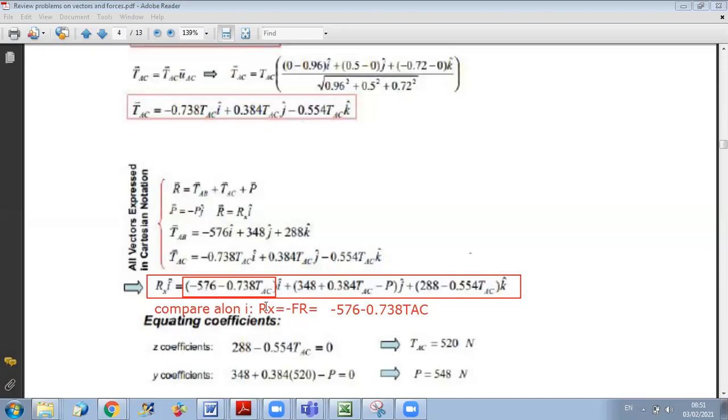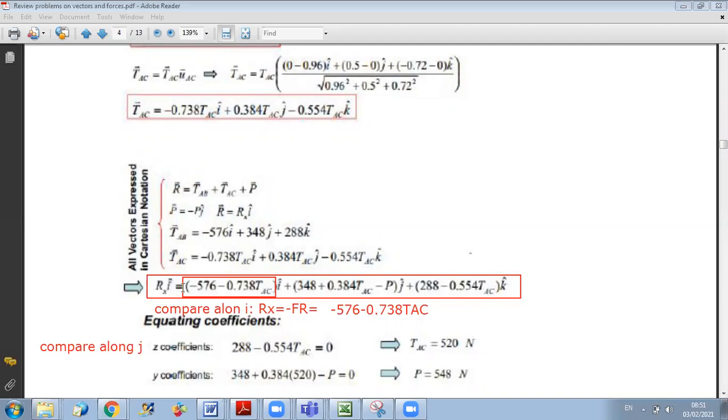Now, to be able to get Rx, you need to find TAC. So I should go to the other equations, the comparison along J and K. Let us compare along J now. From the left side, do you have any component along J? You just have a component along I, so here it is 0.